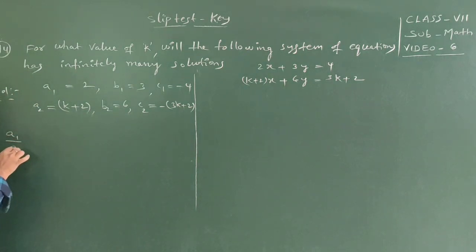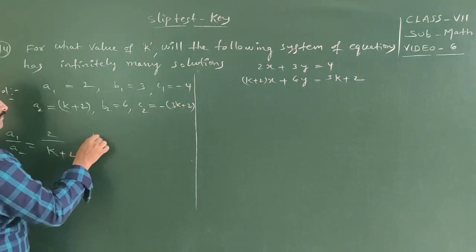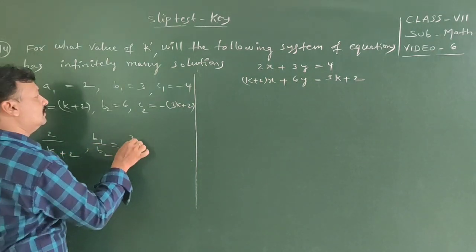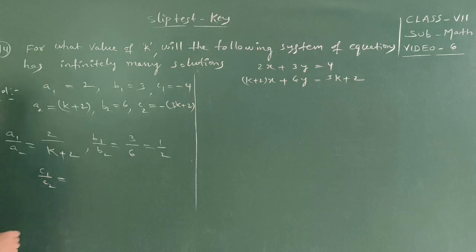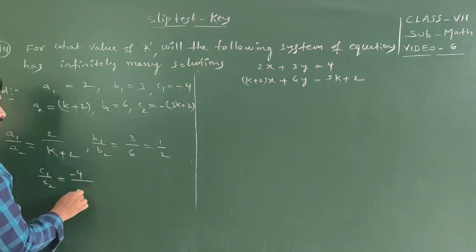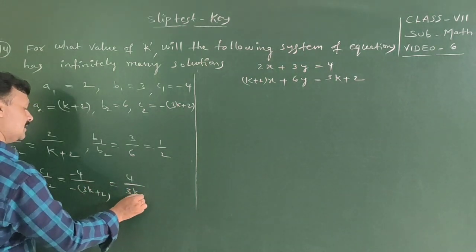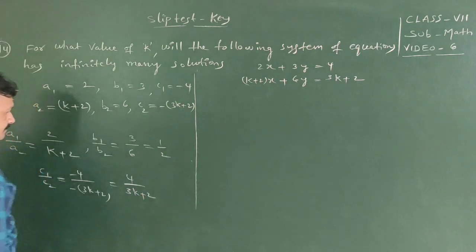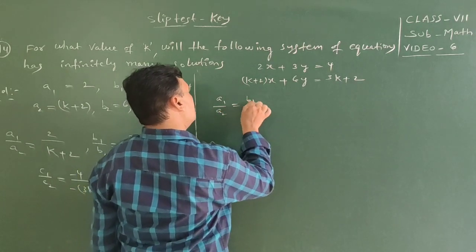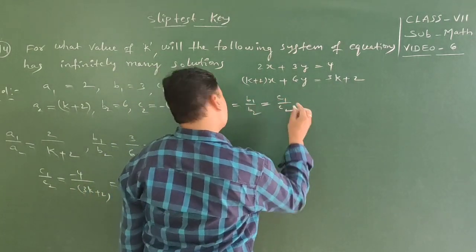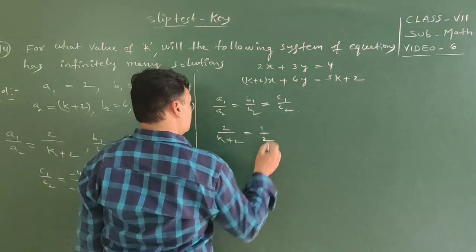So here a1 by a2 equal to 2 by k plus 2. b1 by b2 equal to 3 by 6, which is 1 by 2. Here c1 by c2 equal to minus 4 by minus of 3k plus 2, which means 4 by 3k plus 2. If you equate a1 by a2, b1 by b2, c1 by c2, so here 2 by k plus 2 equal to 1 by 2.